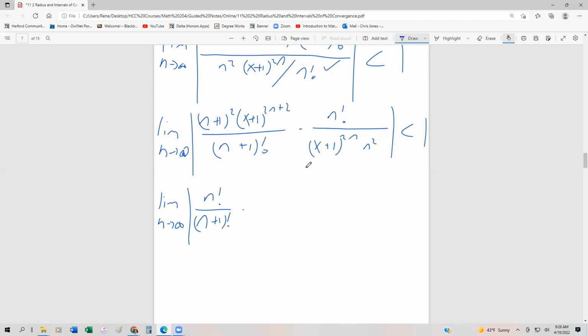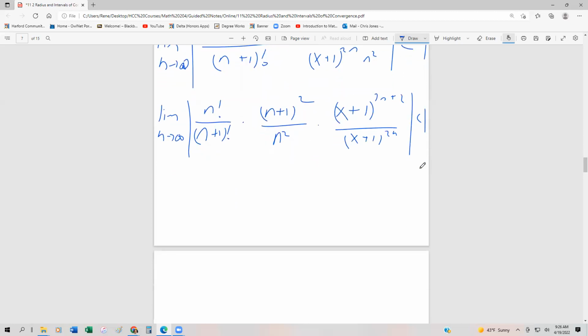And then we have the n squareds: (n plus 1) squared divided by n squared. And then finally, we're going to have x plus 1, to the 2n plus 2, divided by (x plus 1) to the 2n. And for that to be convergent, it has to be less than 1. Now, let's simplify each of these.